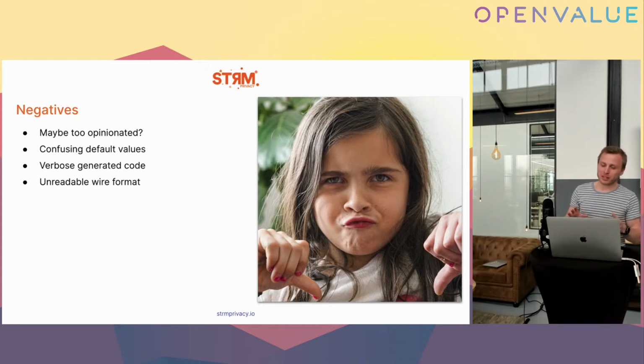So that can be a bit cumbersome. The wire format, and this is specifically for web, is unreadable because binary is sent over the line. It's hard to debug from your Chrome DevTools. Actually, it renders them useless in that sense. So that can be hard to debug.